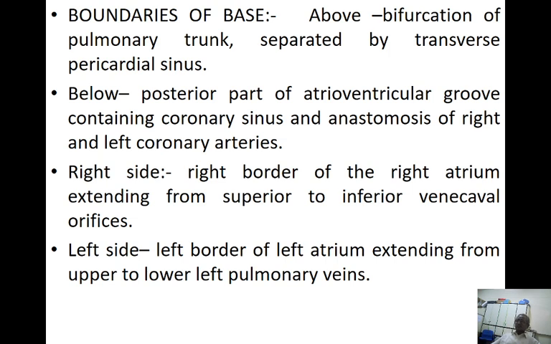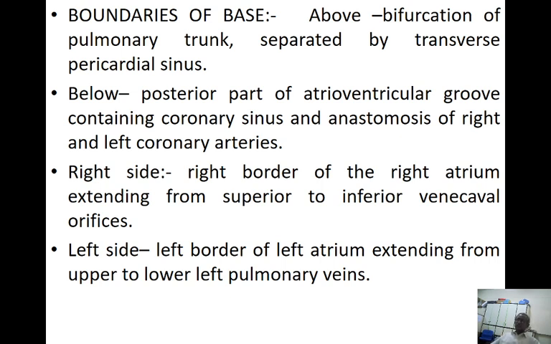Boundaries of base: above, the bifurcation of pulmonary trunk, separated by the transverse pericardial sinus. So the superior border will be the bifurcation of pulmonary trunk, but in between this superior border of the heart and the pulmonary trunk, there is the transverse pericardial sinus.